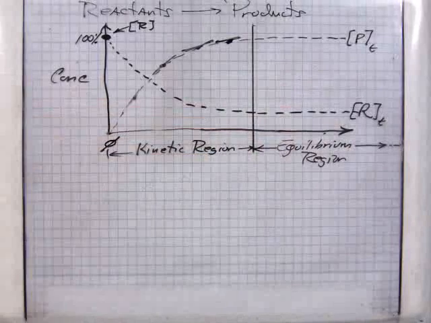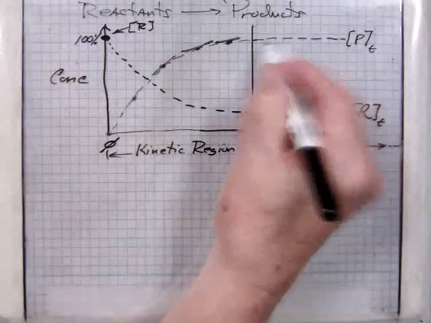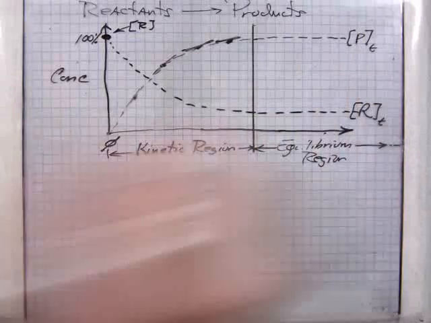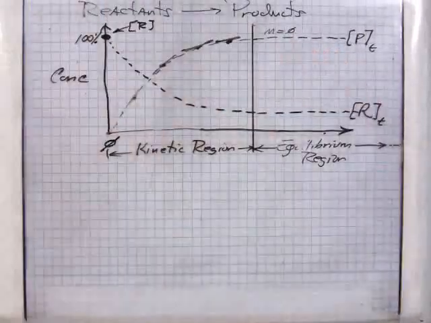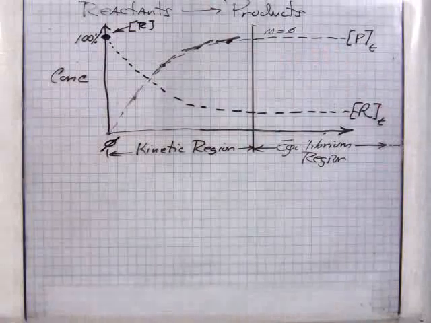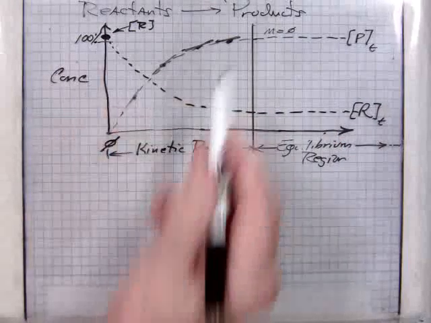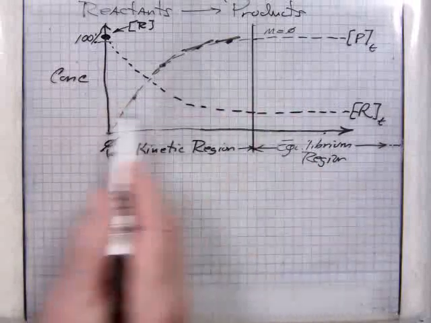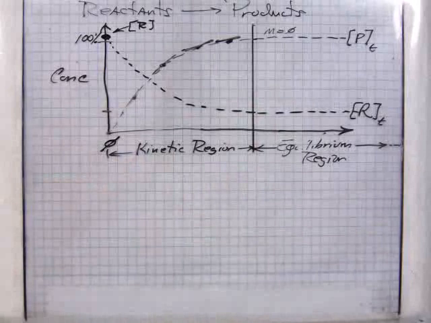So there's a constantly changing slope, but when you get into the equilibrium region, of course, slope equals 0. And so there is really no change in concentration apparently, as it's showing here and back here. So those are equilibrium concentrations, as they're called.